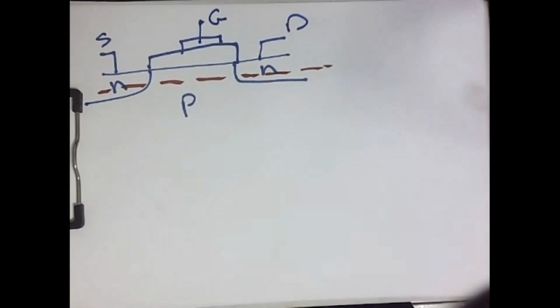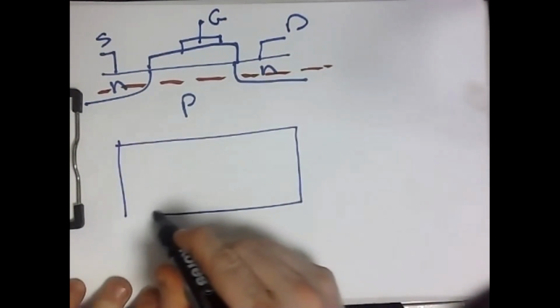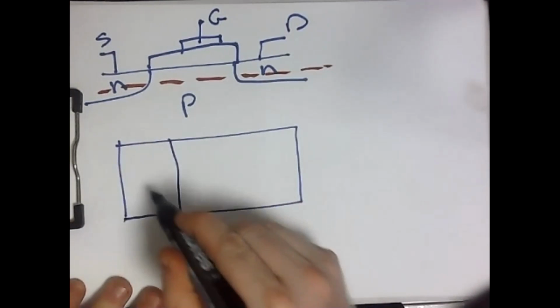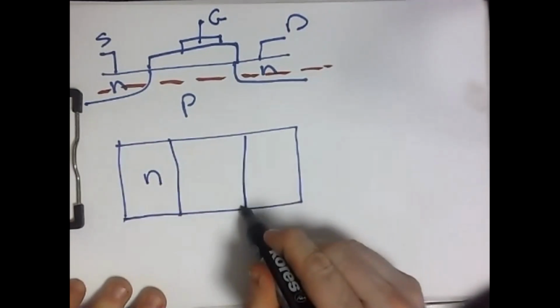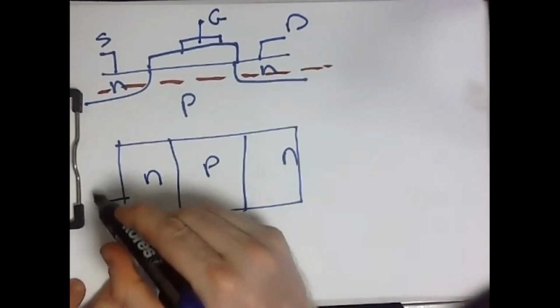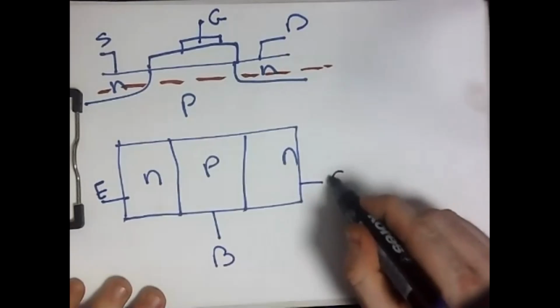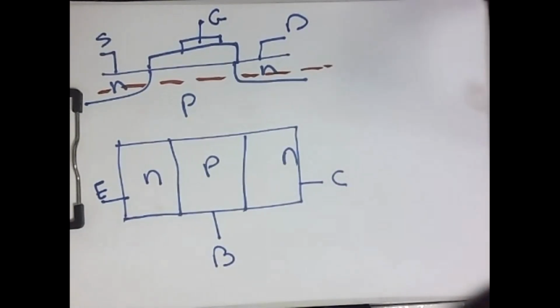Now, in our BJT device, which looks like this, here is the N, here is P, and here is N. This is called the emitter, this is called the base, and this is called the collector.